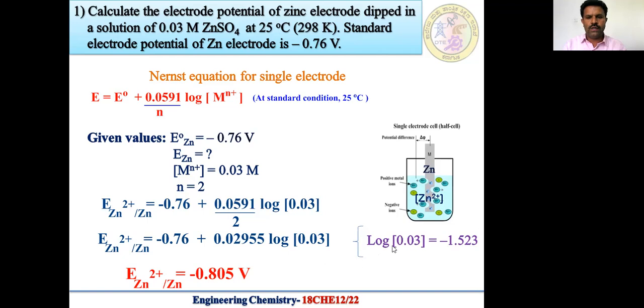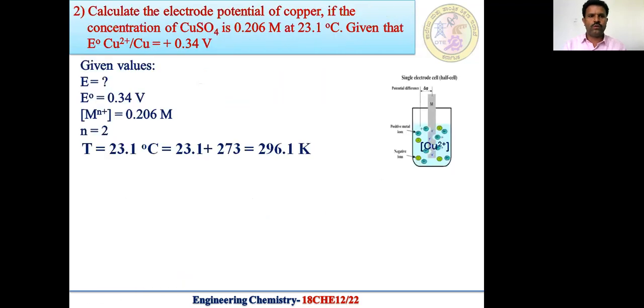So here the log of 0.03 is equal to minus 1.523, and the final answer is that the electrode potential of the zinc electrode under these conditions is equal to minus 0.805 volt. So let's move to the second problem.